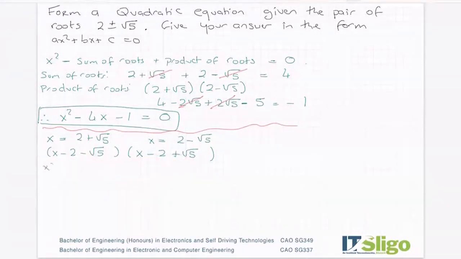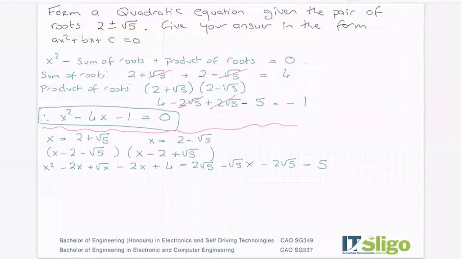Okay, so x by x, x squared, x by minus 2, minus 2x, x by plus root 5, plus root 5x. Then minus 2 by x, minus 2x, minus 2 by minus 2, plus 4, minus 2 by root 5, minus 2 root 5. And then I come in here for the minus root 5 by everything in the second bracket. So I'll have minus root 5x. I will then have minus 2 root 5, and then I'll have minus 5.